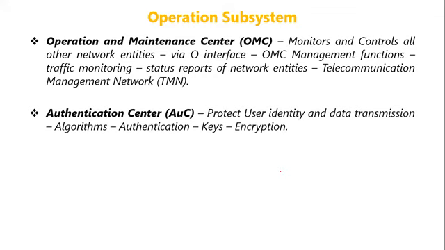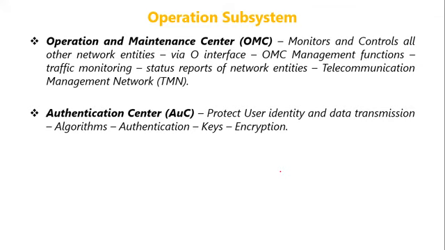It also contains algorithms for authentication, and it includes keys for encryption and decryption. It generates and stores the values needed for user authentication in the HLR. The authentication center may actually be situated in a special protected part of the HLR.